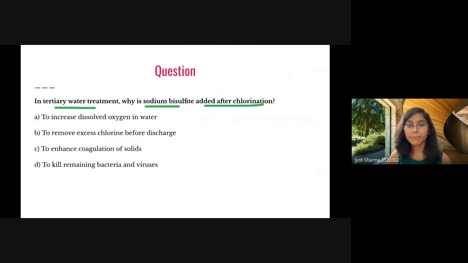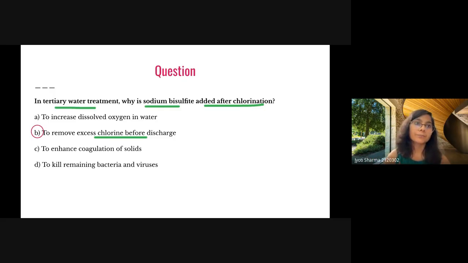Dia gave me B as the answer. Okay, so Venkateshwar also. Yes, so B is the right answer. If we are adding sodium bisulfite, this will remove excess chlorine before discharge, because chlorine will give you a different type of smell as well.